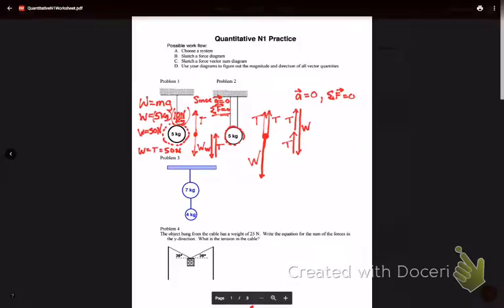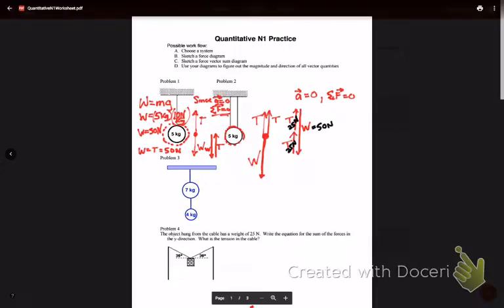Well, in this case, the weight hasn't changed, it's still the mass is still 5 kilograms, so the weight is still 50 newtons. Therefore, each of these tensions has to be 25 newtons, such that the weight is still 50 newtons.